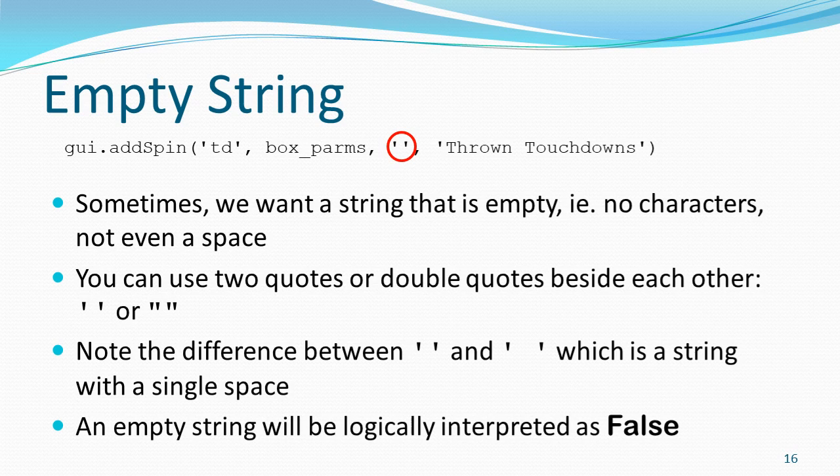Empty strings are fairly common in computer programming, and you can use either single quotes or double quotes. Now, note the difference between an empty string, which is 2 single quotes, and a string that has a single space, which would be a quote, space, quote. An empty string will be logically interpreted as false.